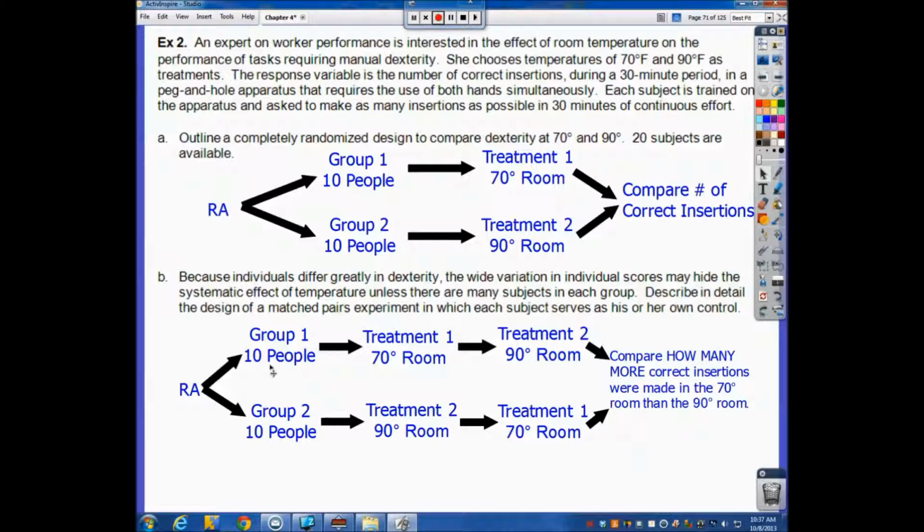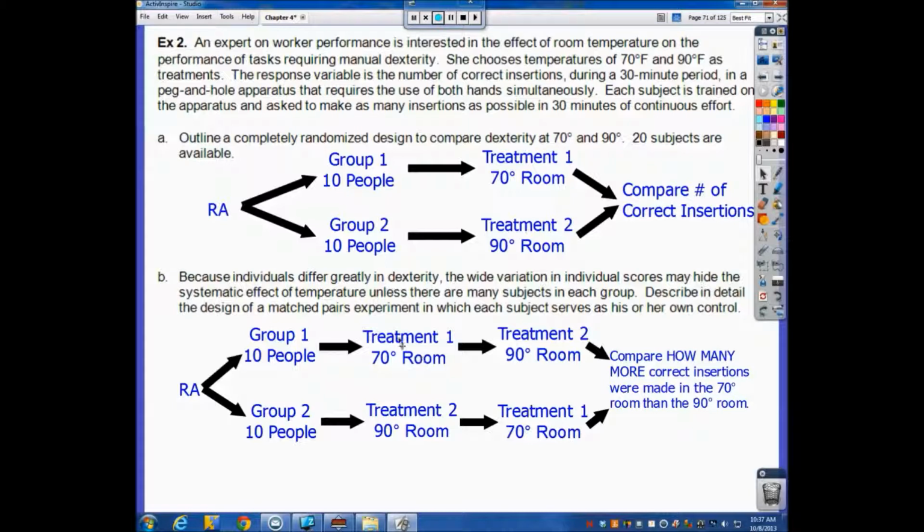Okay, so the reason why we do it kind of opposite here is, there might be a difference between people starting out in the 70 and then going to the 90, and starting out in the 90 and then going to the 70. If the people were in the 90-degree room first and they felt very stressed and hot and overwhelmed, and then they go to the 70-degree room and they're like, oh my gosh, this feels fantastic in here, I can work twice as fast as I was in the 90-degree room.